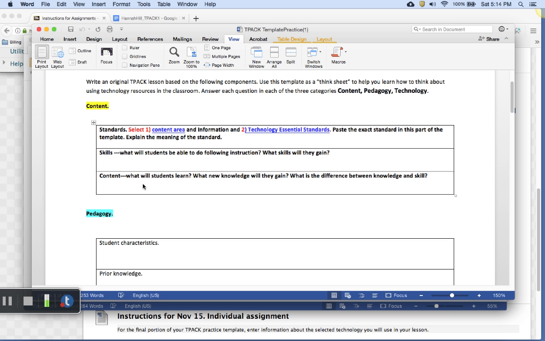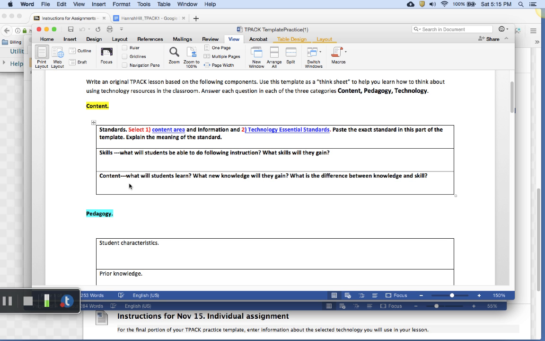Under the content, this is similar to what we just completed. You as teacher need to be able to describe the content. That doesn't mean describe your teaching methods. It means describing the content itself. If you were going to teach a lesson on phases of the moon, then here you would describe the phases of the moon.